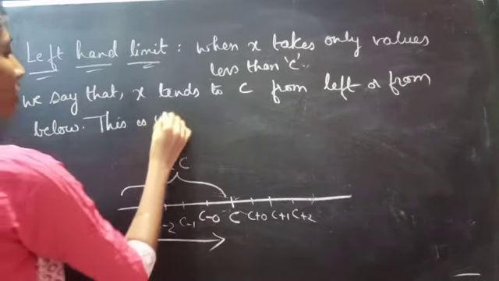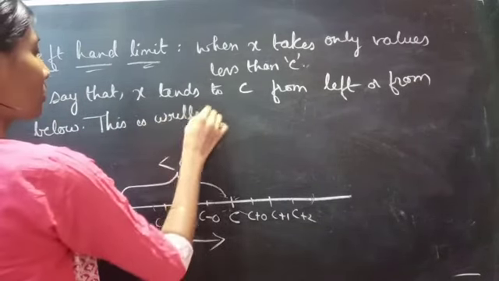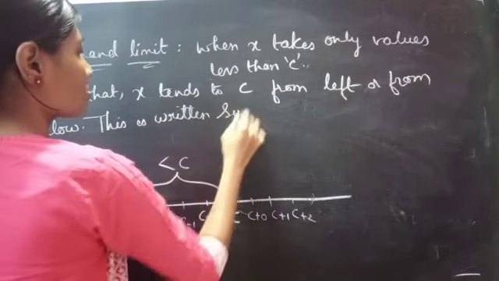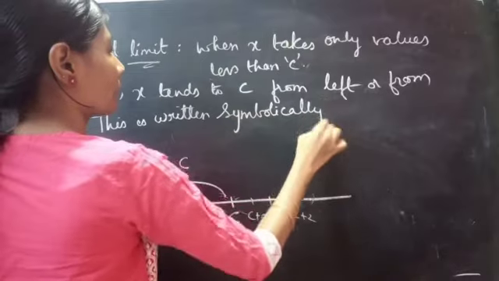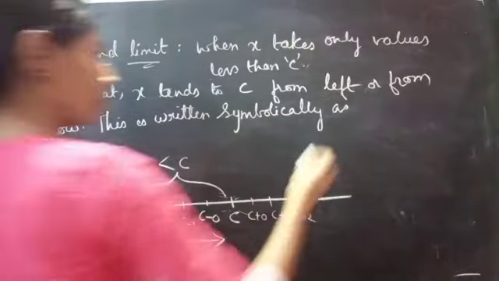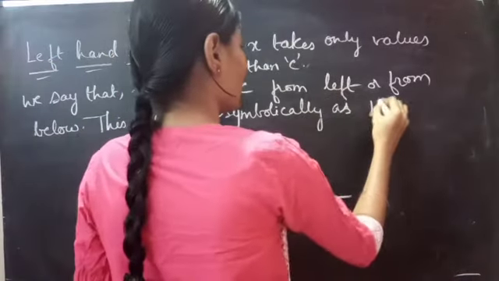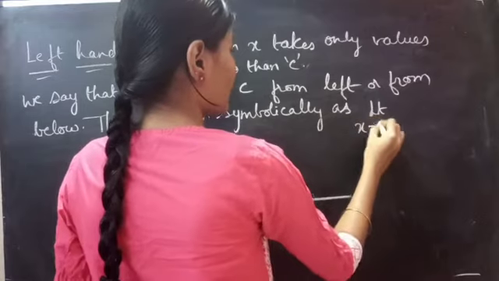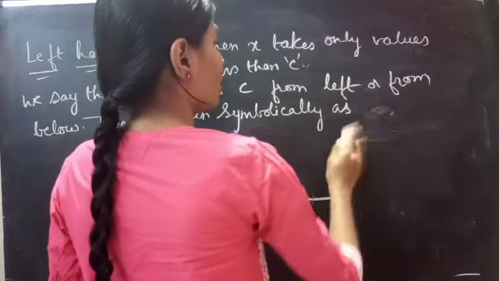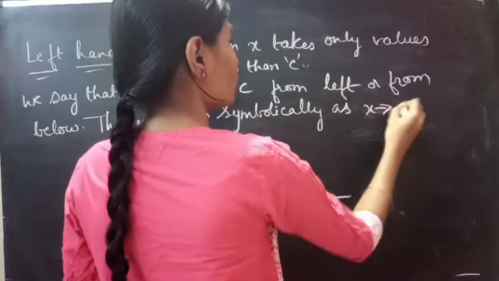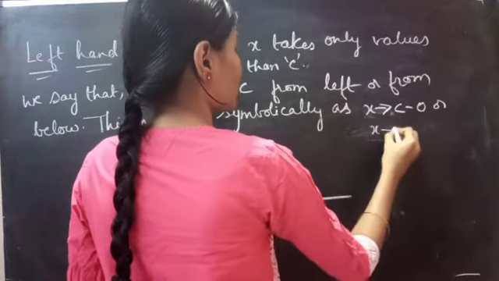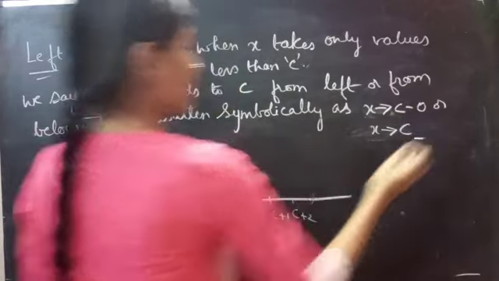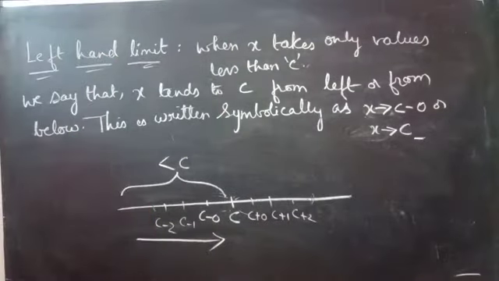This is written symbolically as limit as x tends to c minus 0 or x tends to c minus. Okay.